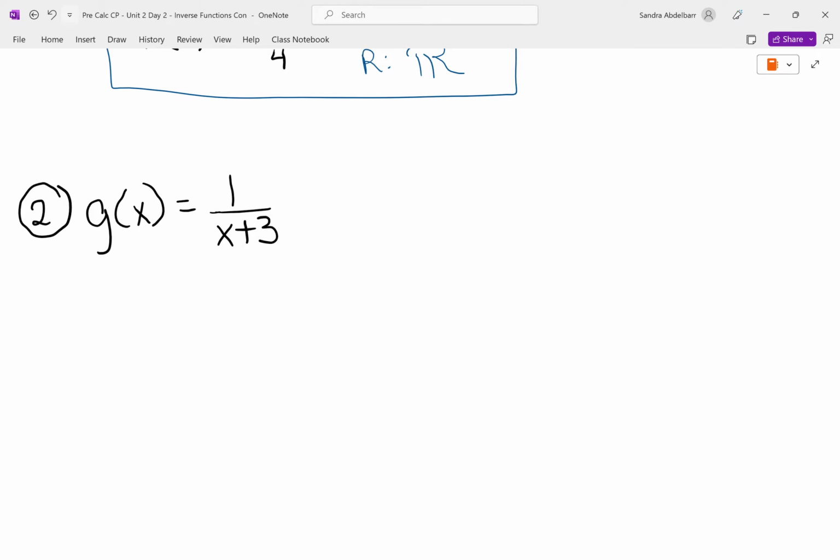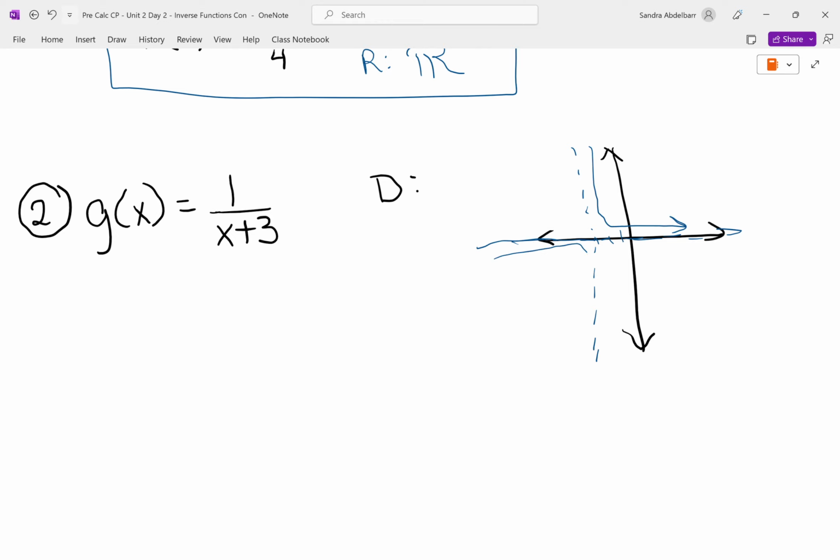Let's figure out what our domain and range is of our original. What is this? The one with the asymptotes. This is a rectangular hyperbola. And where has my asymptote shifted? How many units where? 3 to the left. 1, 2, 3. Any up or down? No. So our graph looks something like this. Do we agree?